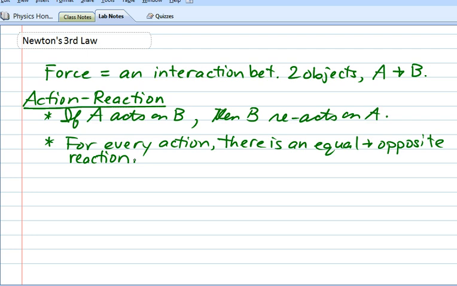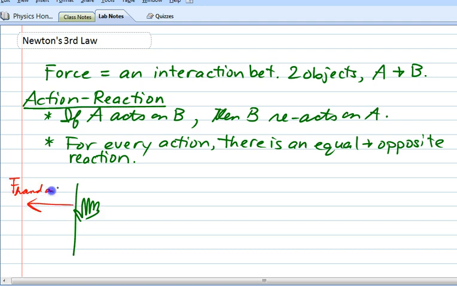Here's an example of an action-reaction force. Here's a wall, and here's my hand. An example of an action-reaction force would be the force of my hand acting on the wall and the force of the wall acting on my hand.